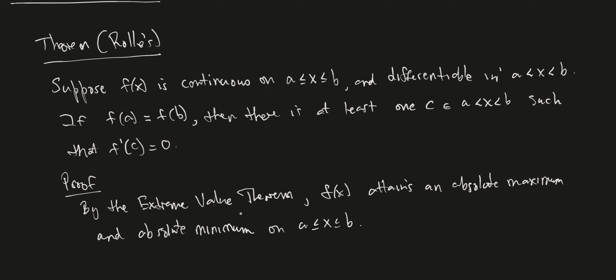Remember that's what the extreme value theorem, your EVT, guarantees: if you have a continuous function on a closed interval, then it has to have an absolute max and an absolute min somewhere on that interval.